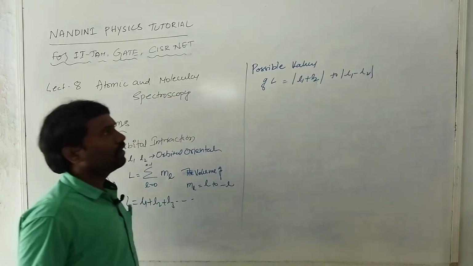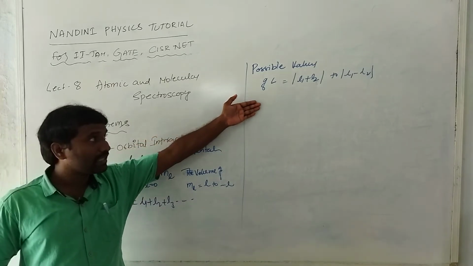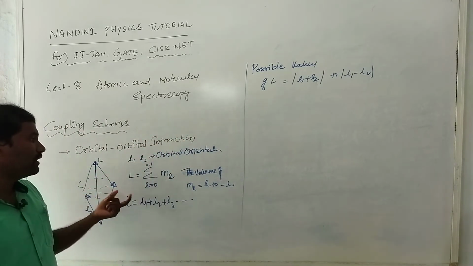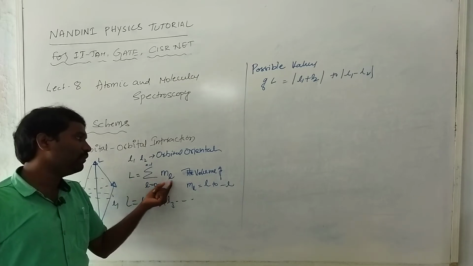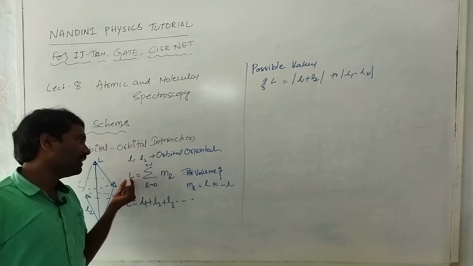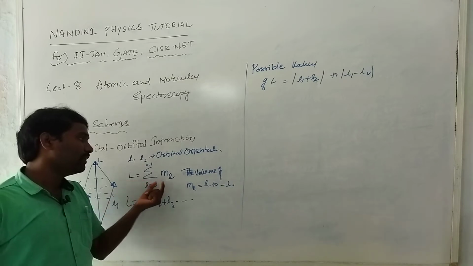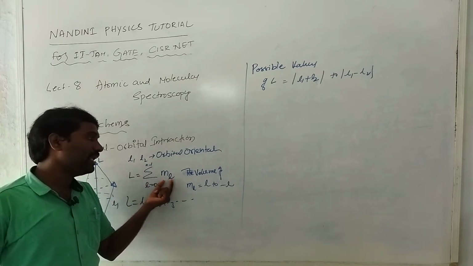So these are the possible values of capital L angular momentum. This is the angular momentum and this is the corresponding M_L value. So this is the relation between capital L angular momentum and the corresponding M_L values.